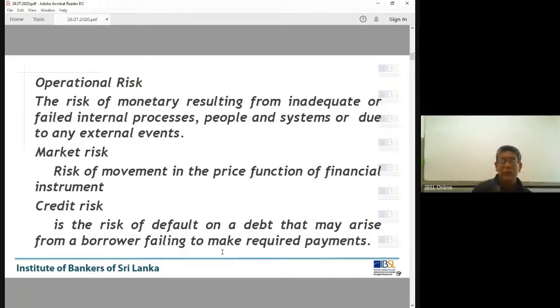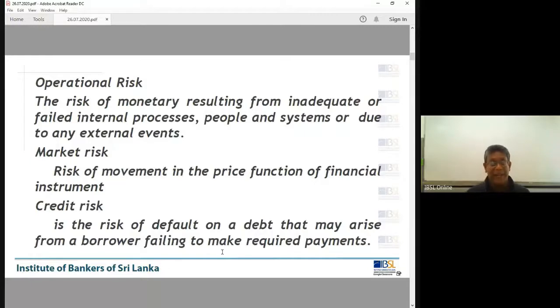Then the price of gold in the market comes down. People may not come and settle, because they have taken a loan more than the value of the gold article. Therefore, the bank has to face market risk because of the price fluctuation in the gold market.